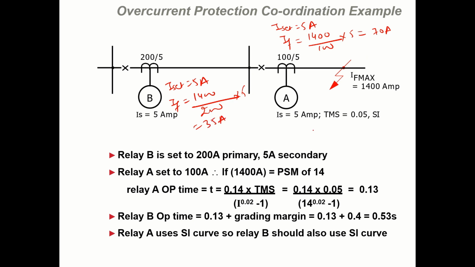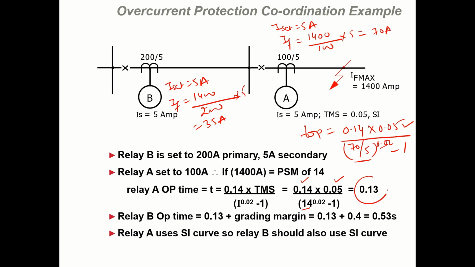So now first we will calculate the time of operation of this relay, which will be 0.14 times TMS divided by I fault, that is 70, divided by I set, that is 5, to the power 0.02 minus 1. So if you see here, 0.14 into 0.05, that is this, divided by 14, that is 70 by 5, to the power 0.02, that is this, minus 1.